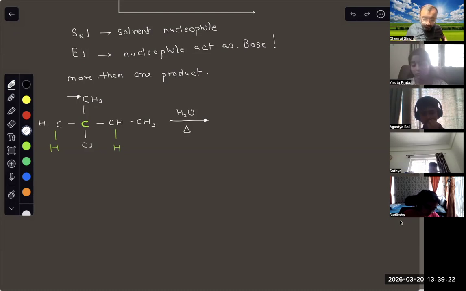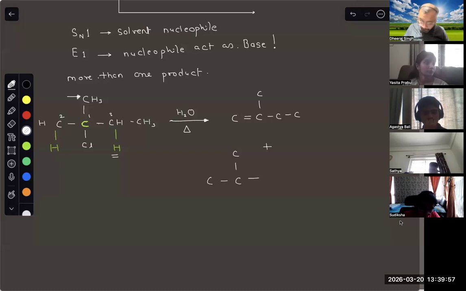So if hydrogen comes out, let me name them 1, 2, 3. If it comes out from 2, what will happen? You will get this type of alkene. Can you see that? This is what you will get. But if hydrogen comes out from here, you will get this one.